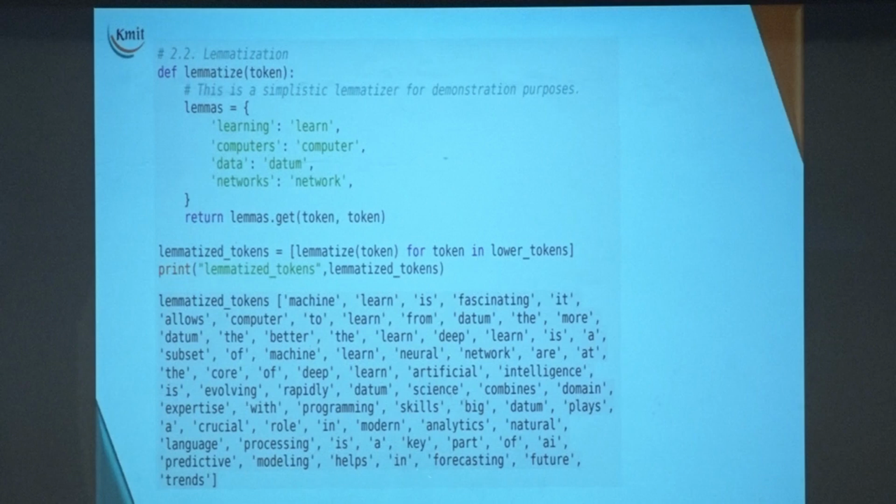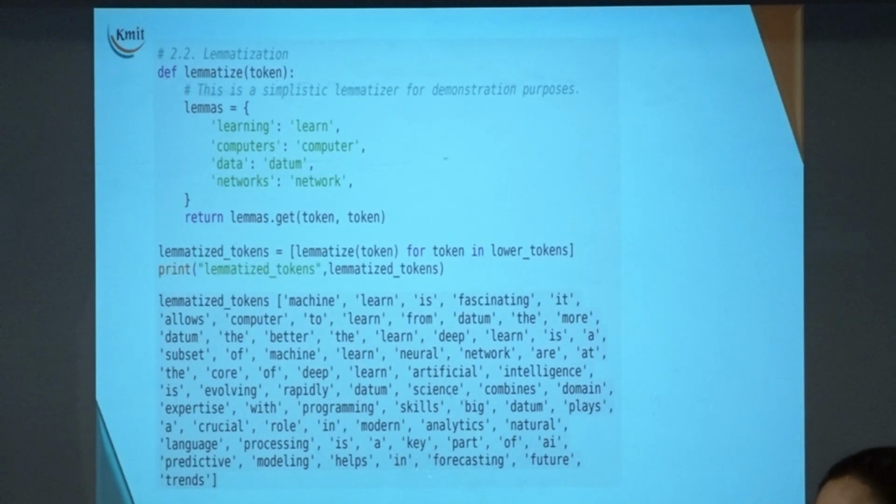Lemma. Everybody clear? So now, suppose I give learning as my token, and the lemma will be learn. So you have to give a dictionary of lemmas to it whenever you are doing lemmatization. You have to provide that.